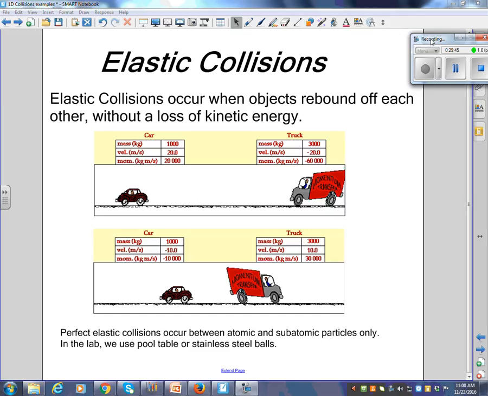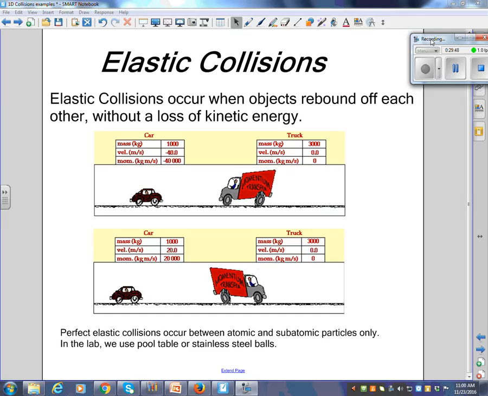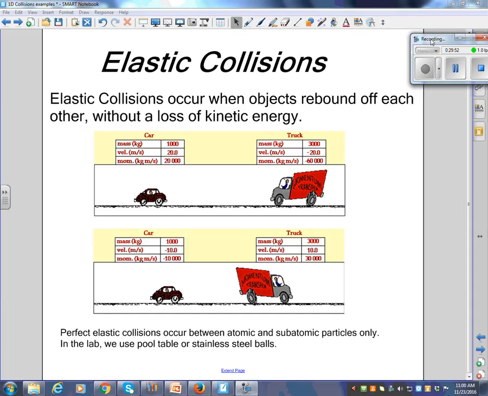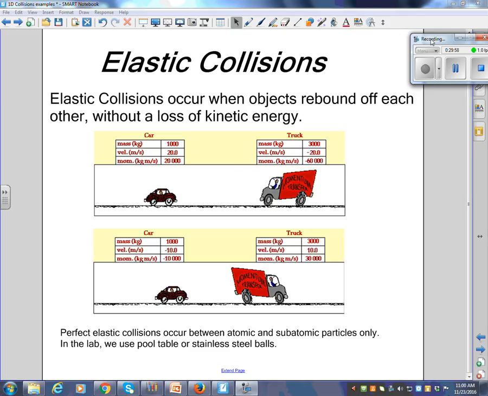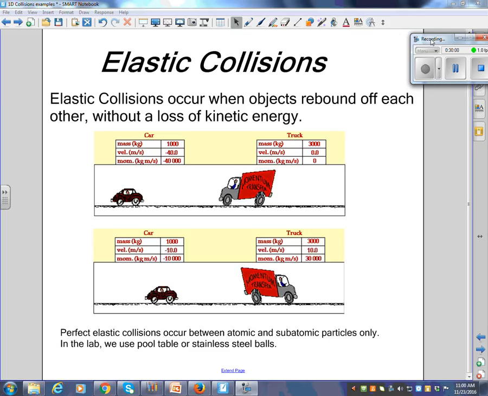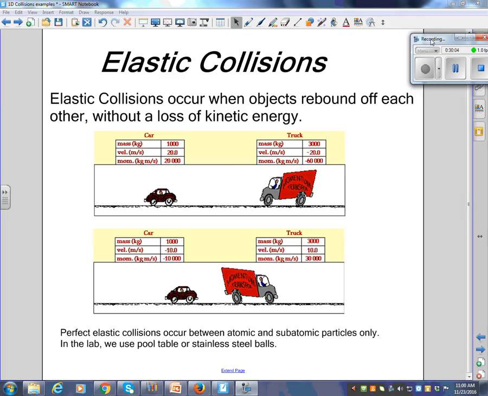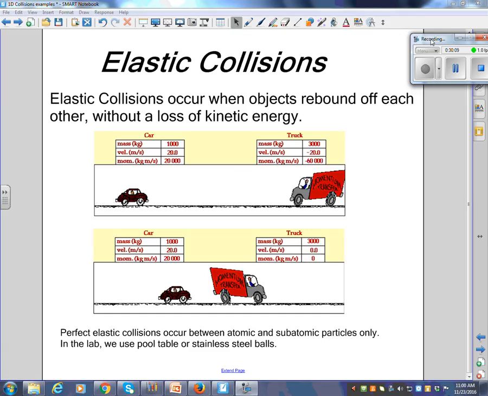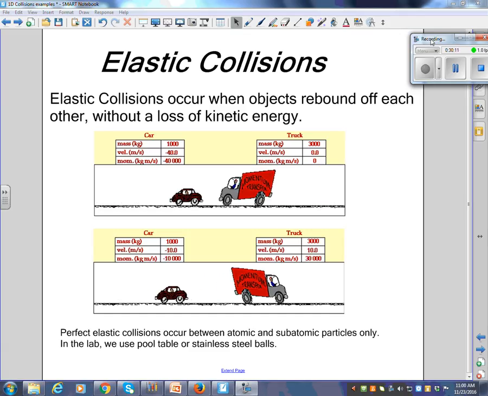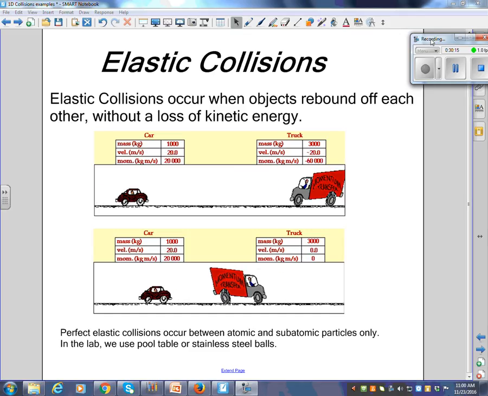Watch the speeds. I'm going to try to make the speeds the same. They work. But this one clearly goes faster. How come? Because the overall momentum at the start, because this one's more massive and maybe going faster, the overall momentum is this way, so the overall momentum after has to be this way, which is why, to make up for it, this one has to go faster, right?